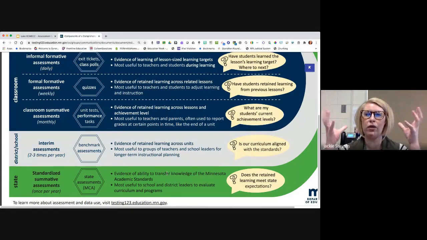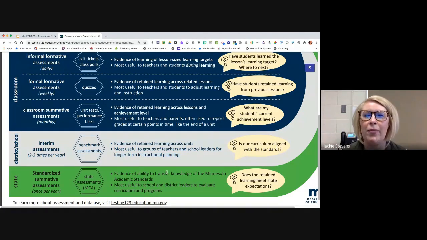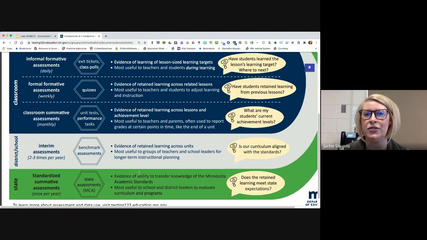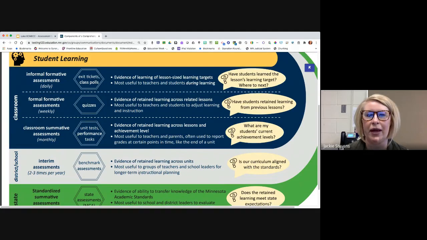It's more that holistic view about how school leaders can use it for those curriculum assessments. So it's important to know the data of where our students have been. But even, like I said, this is from the Department of Education. Even the Department of Education doesn't say that the MCA scores are most useful for a student's individual curriculum planning.